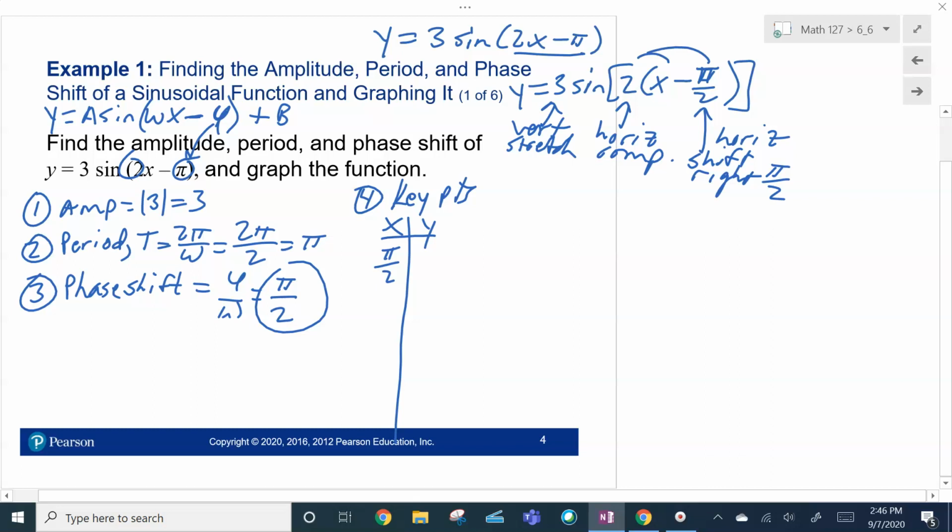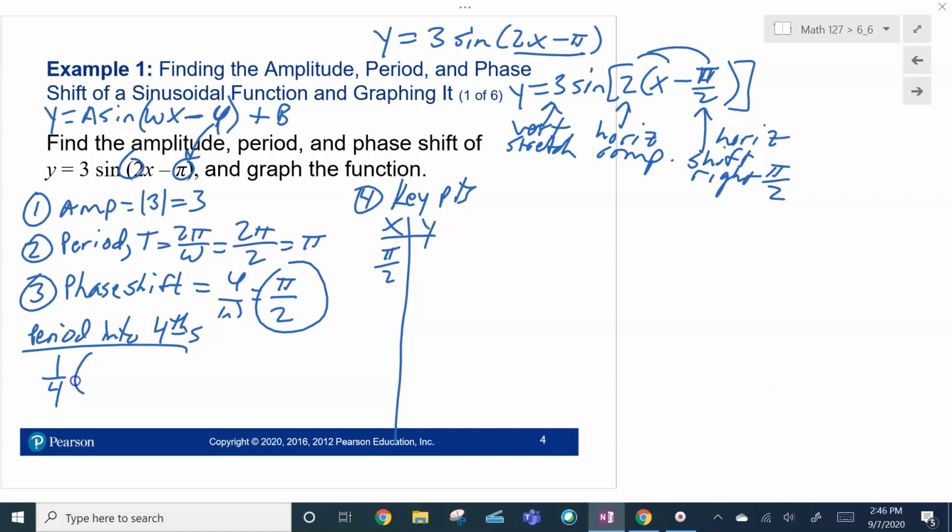So the next key point, I'm going to split my period into fourths. I take a fourth of what's my period? My period is pi. So a fourth of pi, pi fourths.